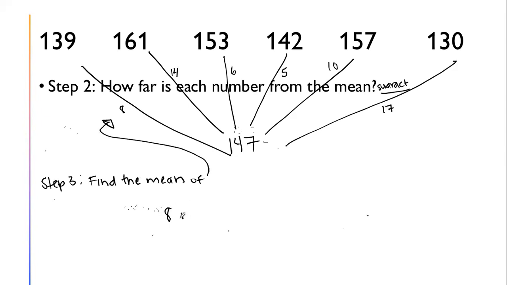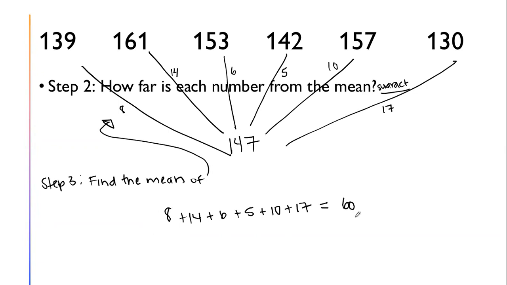So 8 plus 14 plus 6 plus 5 plus 10 plus 17. When I add all these together, it gives me 60.